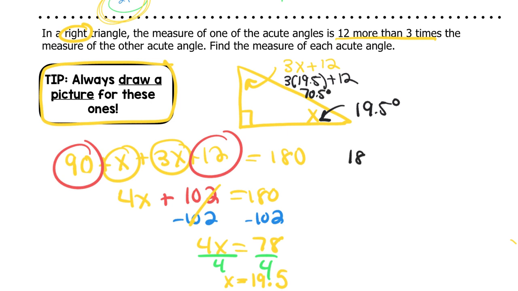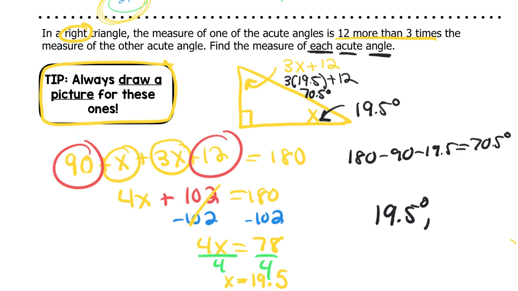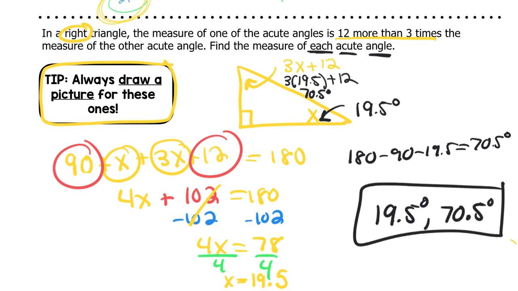Okay, or you could just do 180 minus 90 minus 19.5, and you would also get 70.5 degrees. So it says find the measure of each acute angle. So one angle would be 19.5 degrees, the other one would be 70.5 degrees.